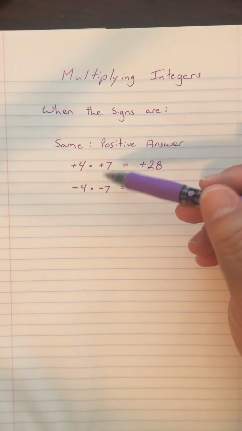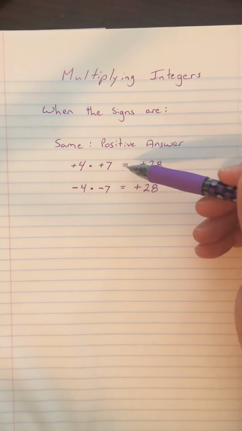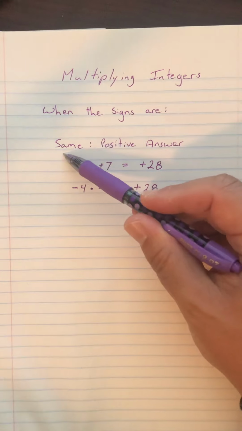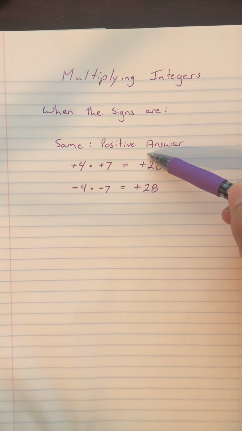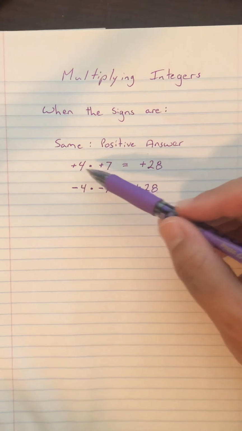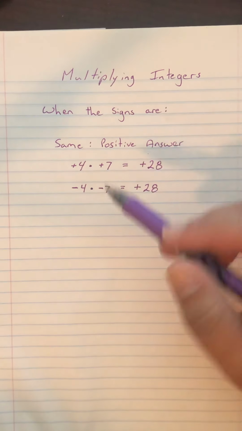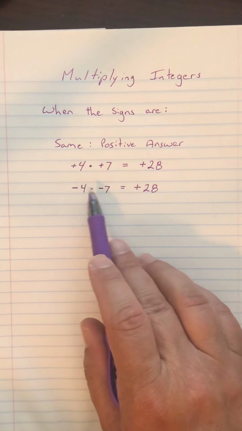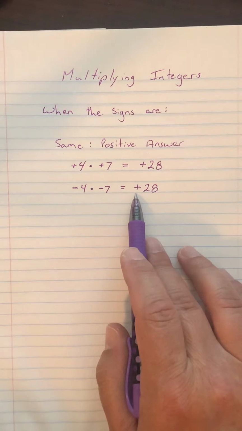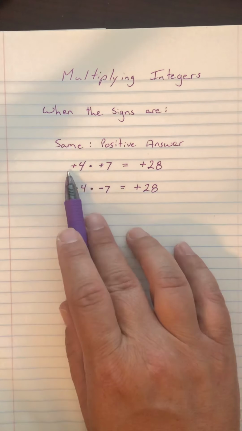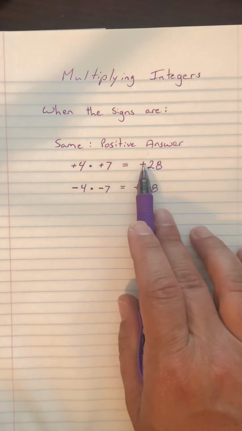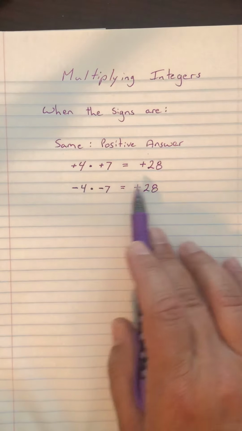That's why you're doing this, so that you can remember that if you are multiplying, if they are the same sign, you're going to have a positive answer. Doesn't matter about the numbers, which is bigger or smaller, or if they're fractions, decimals, whatever. If they're the same sign, it's automatically positive. If they're both positives, it's positive. If they're both negatives, it's positive.